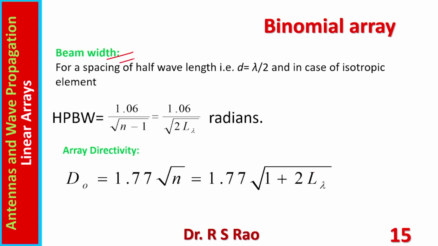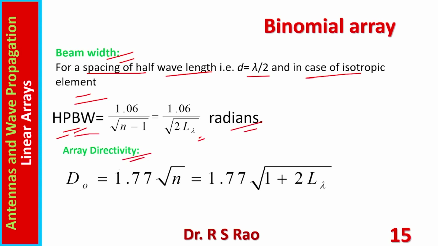The half power beamwidth for a spacing of half wavelength and isotropic elements is 1.06 over square root of n minus 1, equal to 1.06 over square root of 2 L lambda. L lambda means length in terms of wavelength. This half power beamwidth is in radians.